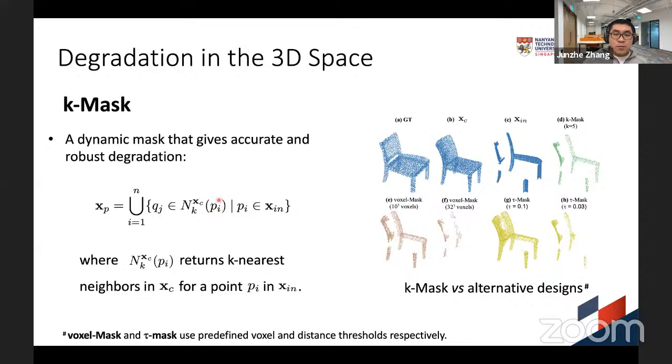So for each point pi in X in, we look for its k nearest neighbors in the counterpart XC. Then we have k times, for example, 2000 points, and many of the points are actually repeated. So what we do is basically we take the union of these points, right? Then we have the partial output XP.